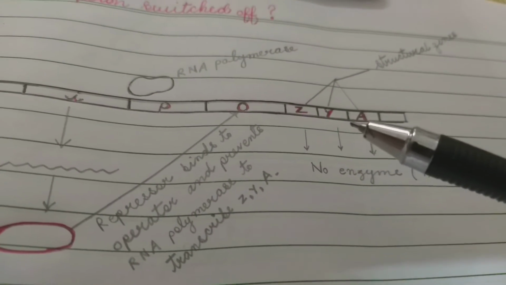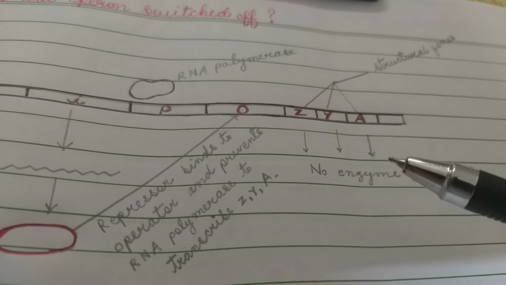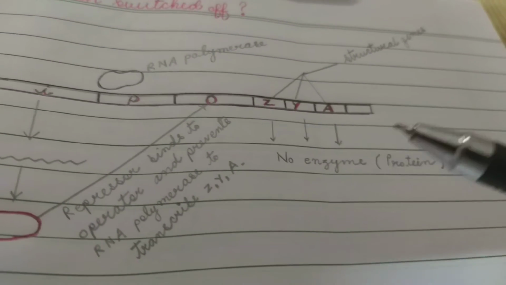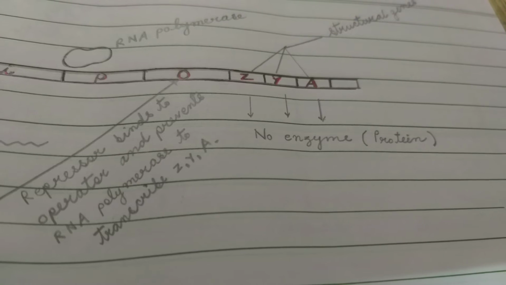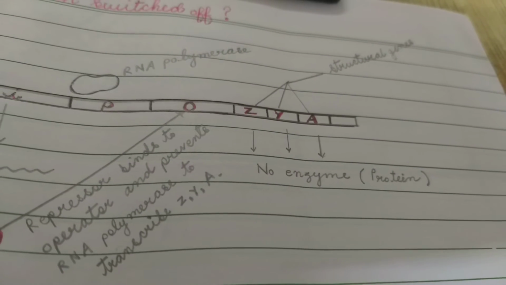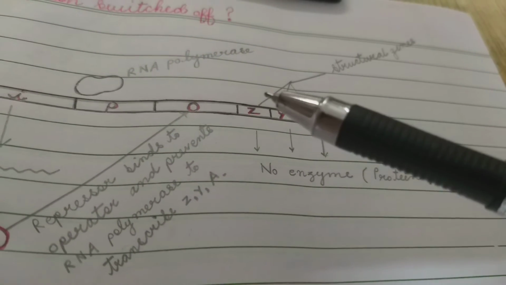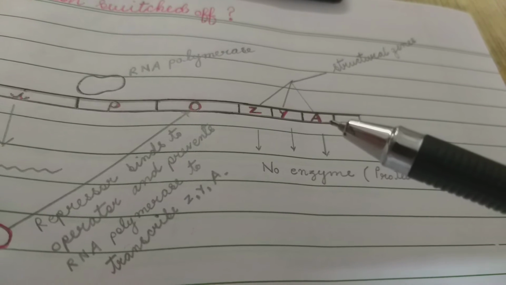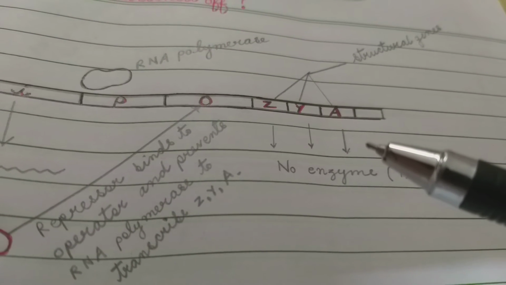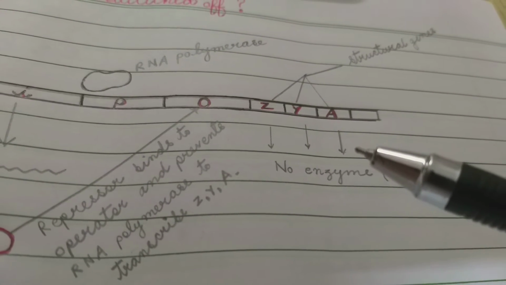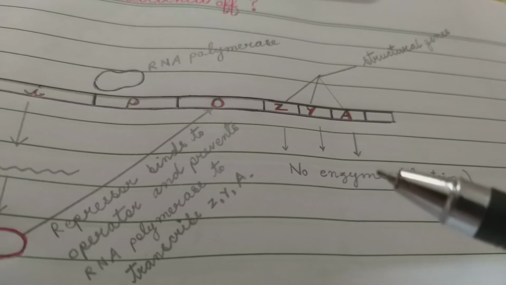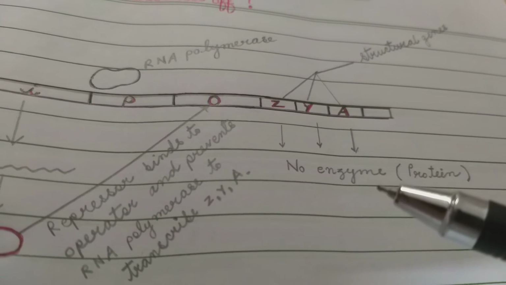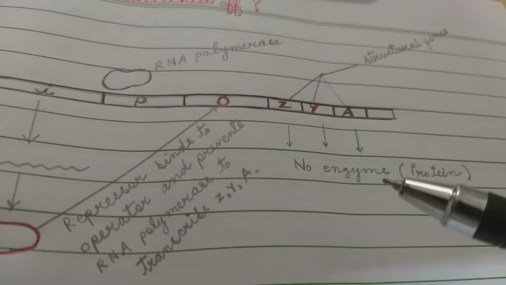So these three genes are not transcribed and there is no translation, no synthesis of enzymes, no synthesis of proteins. So these structural genes in the lac operon remain unexpressed. They are switched off, they are not expressed. Enzymes are not synthesized.